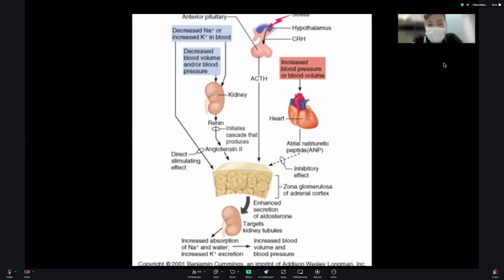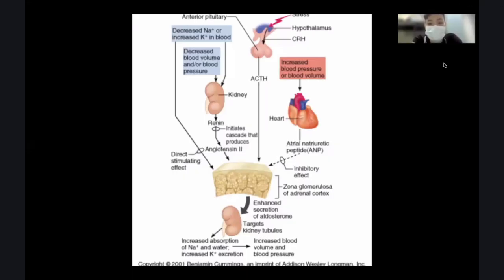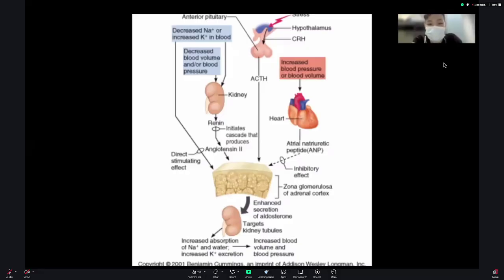Your pituitary gland secretes ACTH, which has an effect on the adrenal gland as well.